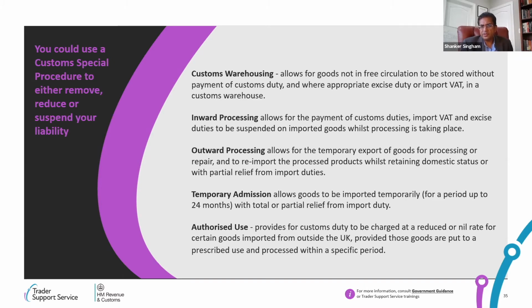Temporary admission allows goods to be imported temporarily for a 24-month period with total or partial relief from import duty. And authorized use, you can, in certain cases, have a reduced or a nil rate for goods imported from outside the UK, provided they're put to a particular authorized use within a specific period. That's part of what you have to show if you're going to use, for example, inward processing.